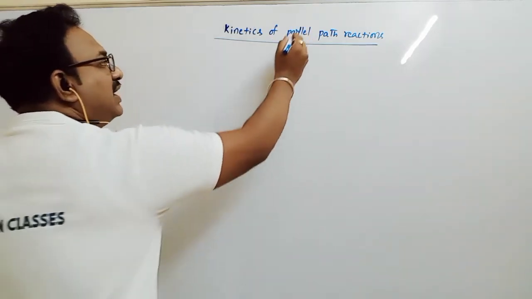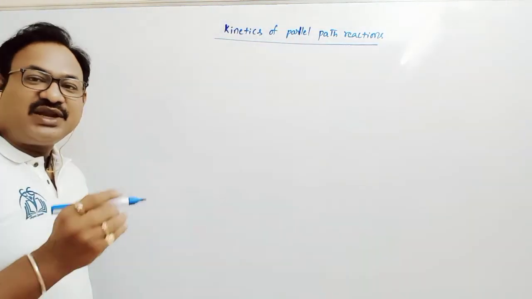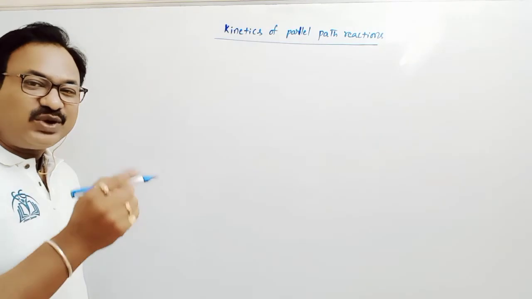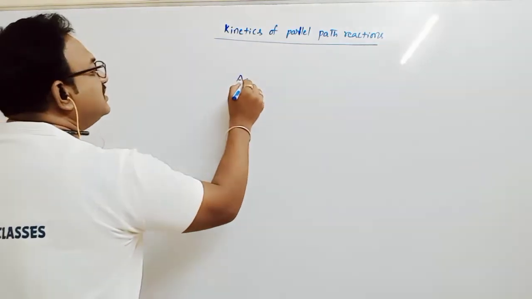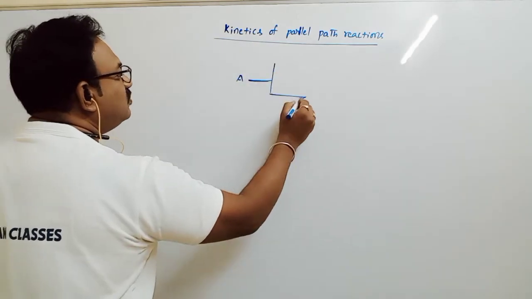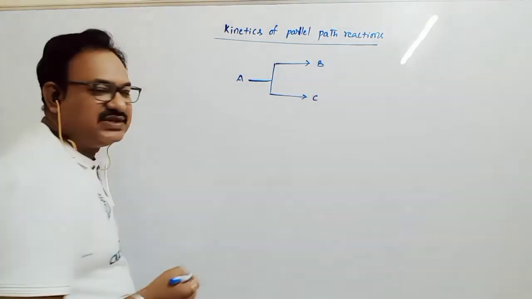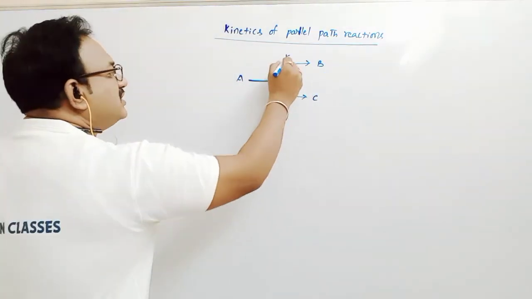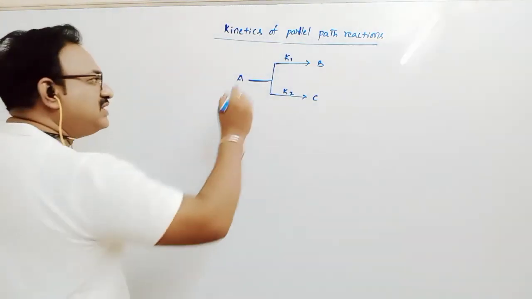Parallel path reactions means a reactant gives two products. One is the major product, the other one is the minor product. Assume like this: here A is the reactant and it gives two products, one is B, the other one is C. Here K1 is the rate constant, and here K2 is the rate constant.